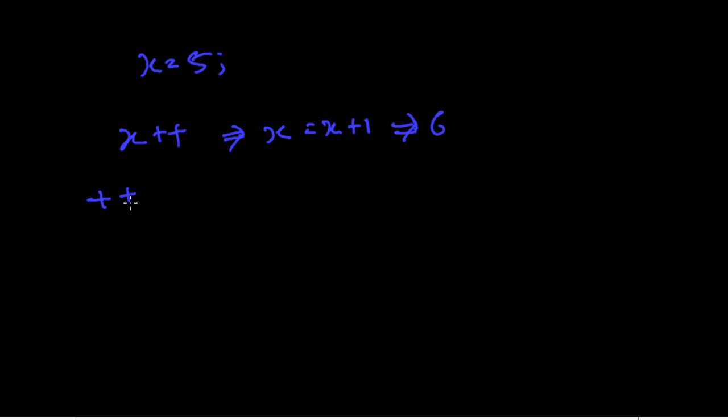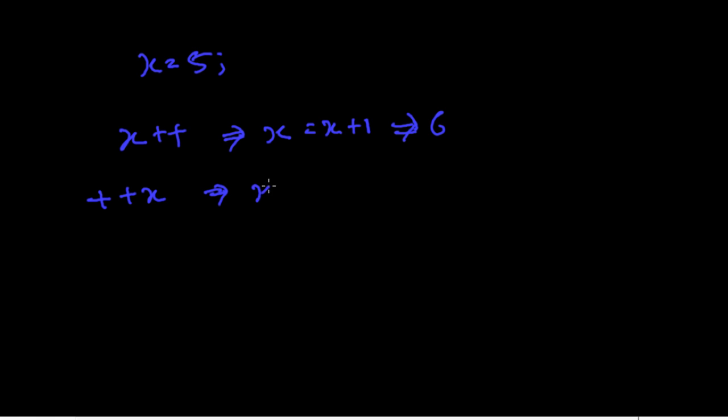Okay, we have learned about the comparison operator and the very basic arithmetics. Now let's say x is an integer and x equals 5. x plus plus, what it actually means is x equals x plus 1. So if x is 5, it will give us 6. How about plus plus x?